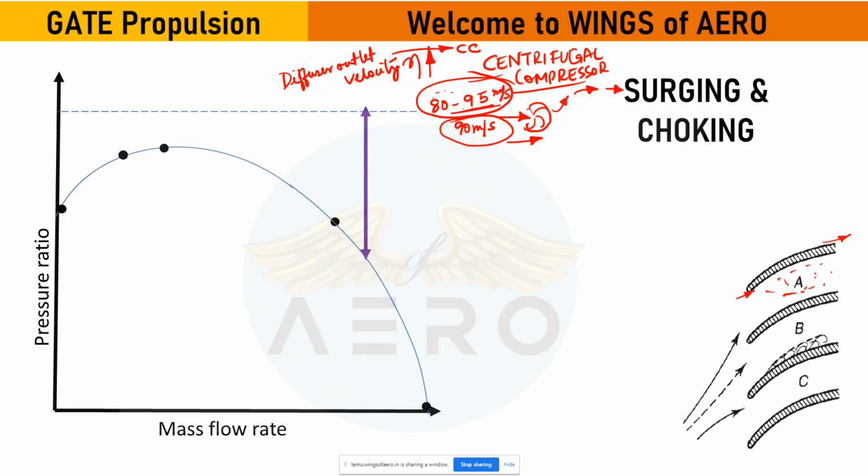So what they do is, the passage from the compressor, when it enters the combustion chamber, there will be some passage, something like that. The angle subtended by that passage should not be more than 11 to 12 degrees.